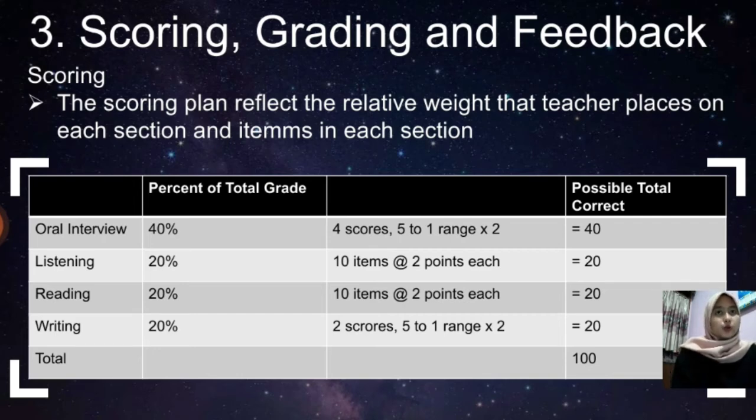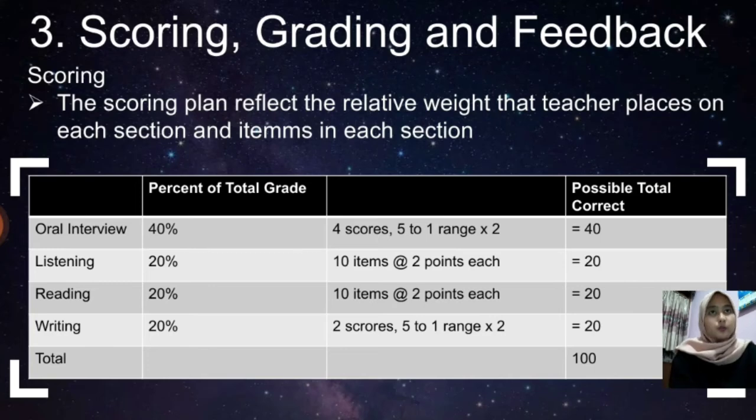Oral interview: percent of total grade, 40%, and then score 5 to 1 range times 2, possible total correct is 40. Listening: percent of total grade is 20%, and then 10 items, 2 points each, possible total correct is 20.